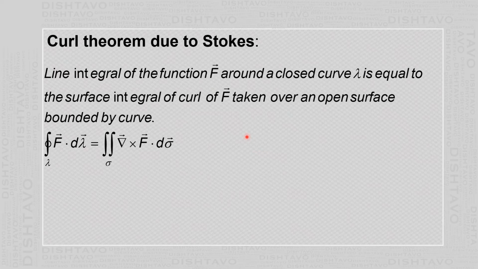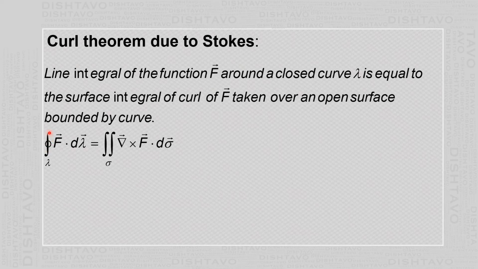Then according to this theorem, on the left hand side, there is an integral with lambda written below. That means it is a line integral. And the circle shows that the line is closed. It doesn't have an initial and final point. So it is a closed curve.